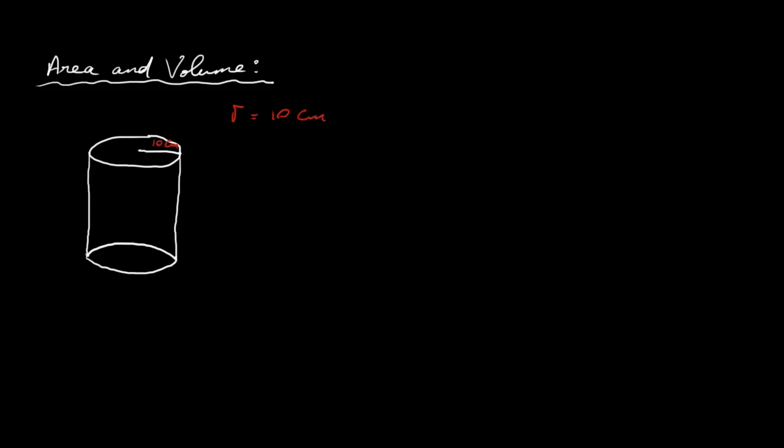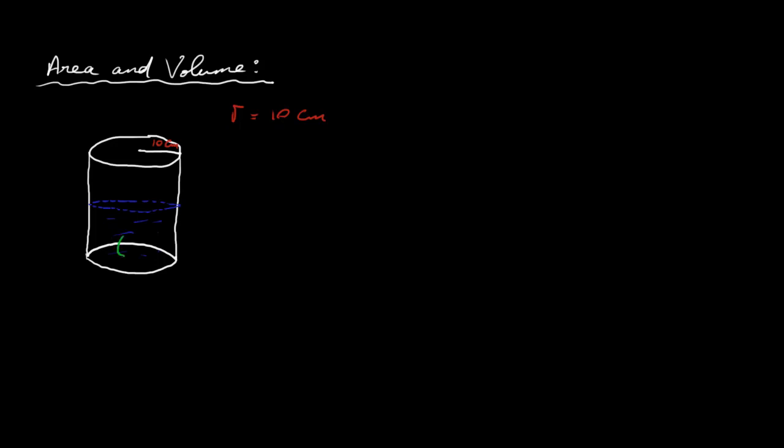Now, what we're going to do is say that there is a certain amount of water in this cylinder. So it looks, let's say, like this. So this is water here. Now, we're going to take, let's say, a sphere, and we're going to put the sphere into the water.